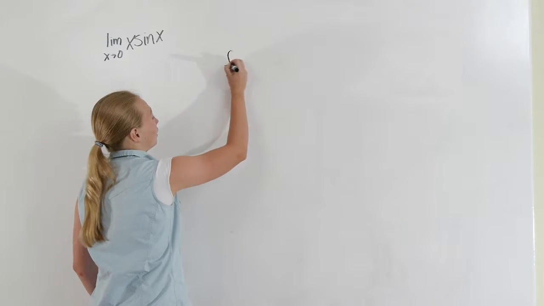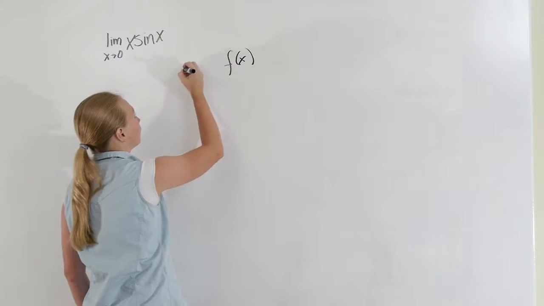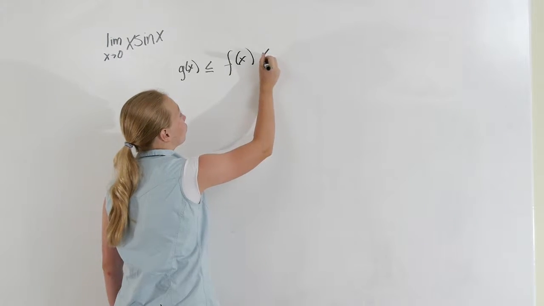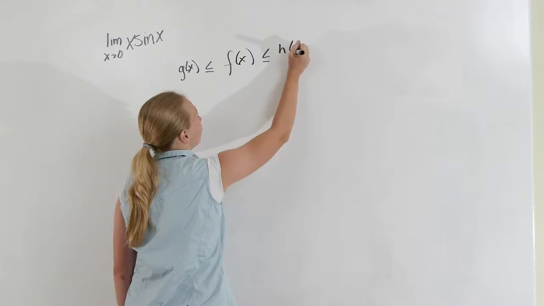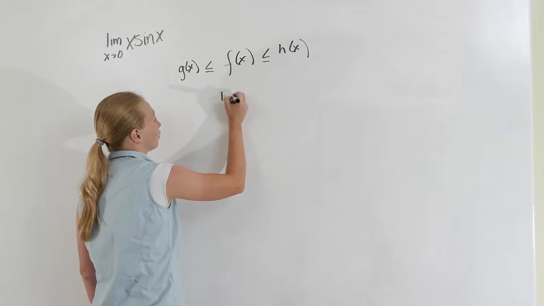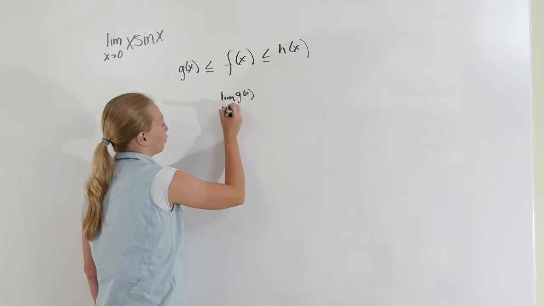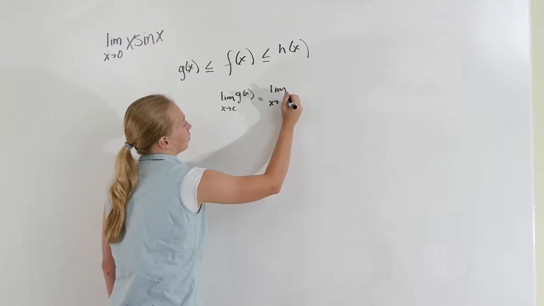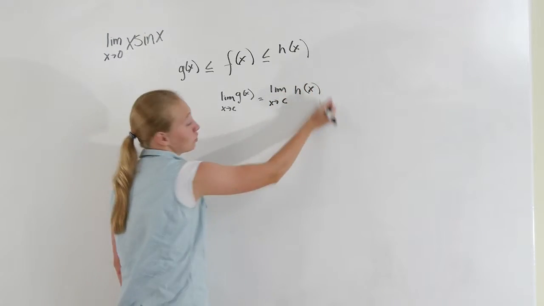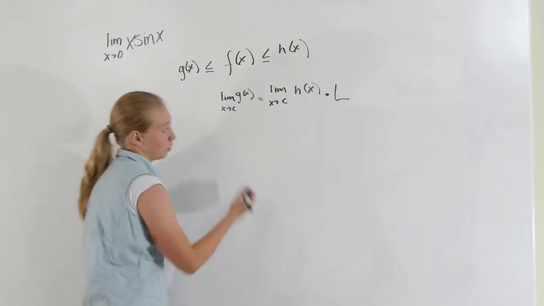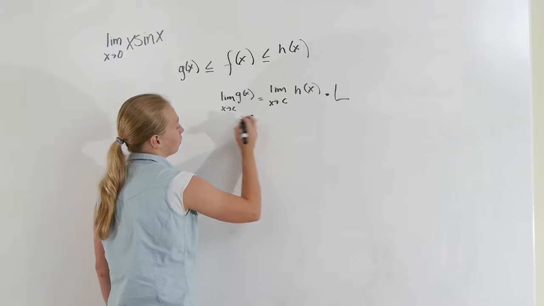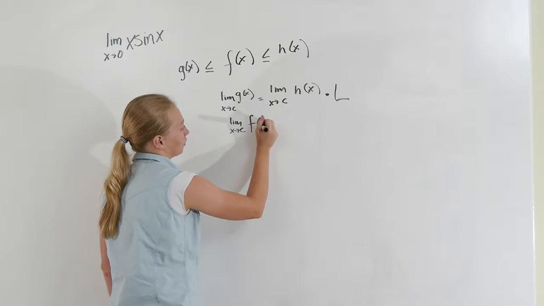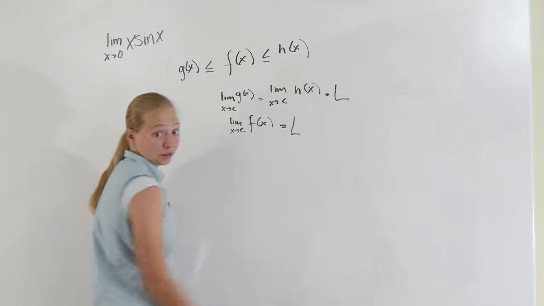This theorem states that if g of x is less than or equal to f of x, which is less than or equal to h of x, and if the limit of g of x as x approaches a constant equals the limit as x approaches that constant of h of x, equal to the same limit, then the limit of f of x as it approaches the same constant is the same limit.